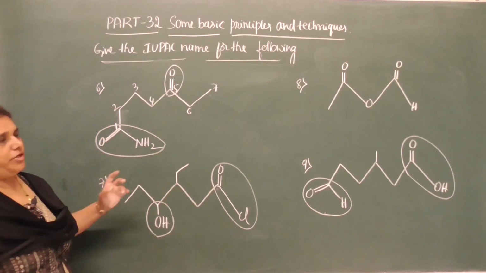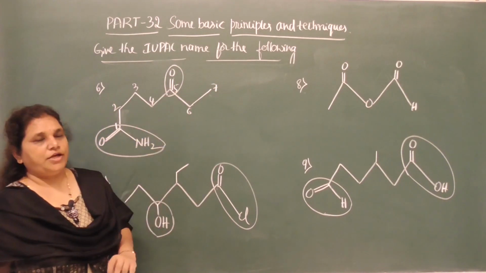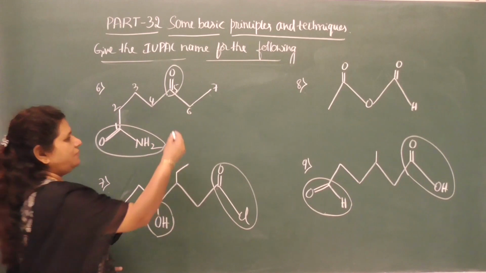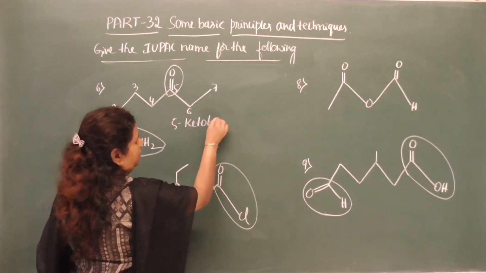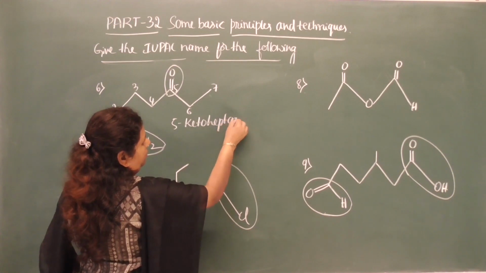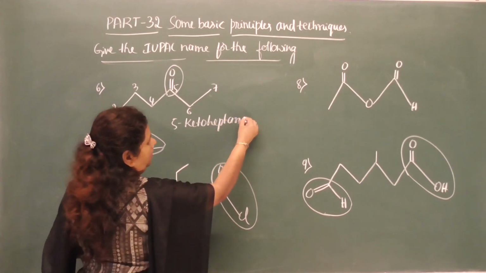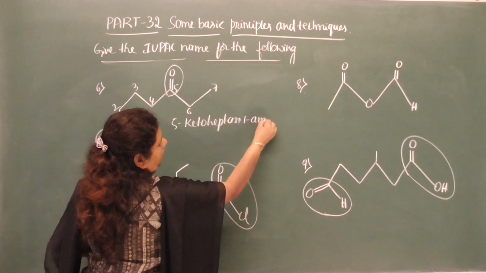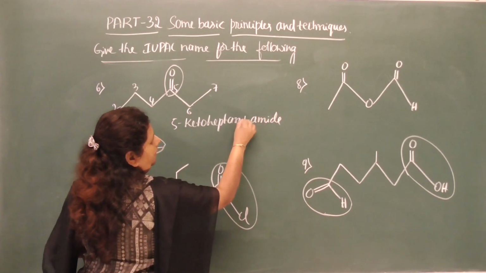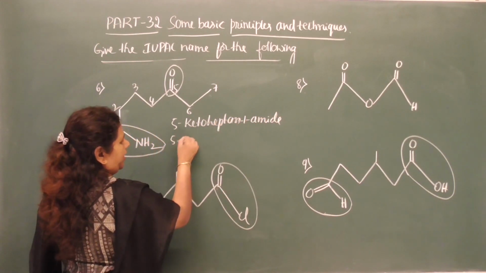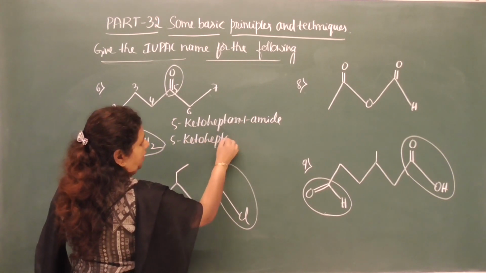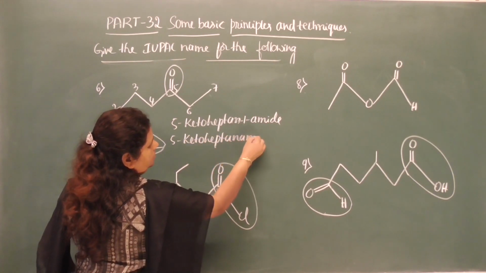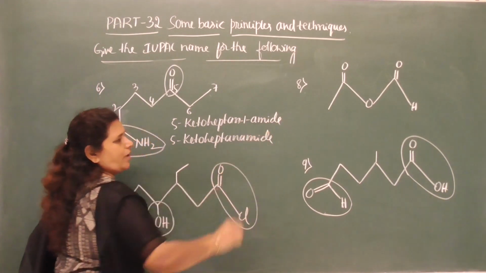No other substituent other than this keto group, and on the fifth carbon we have keto. Therefore, 5-keto heptane, 1-amide, heptane, 1-amide, or you can write it as 5-keto heptanamide. So, I ignored the locant 1.